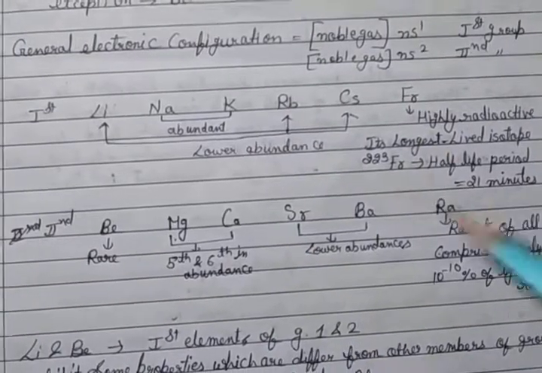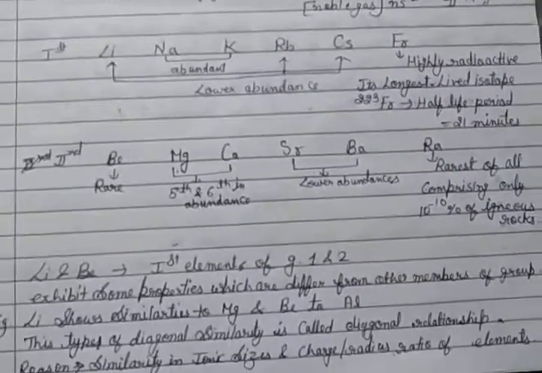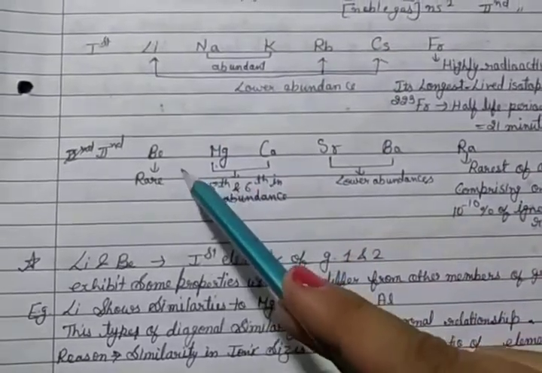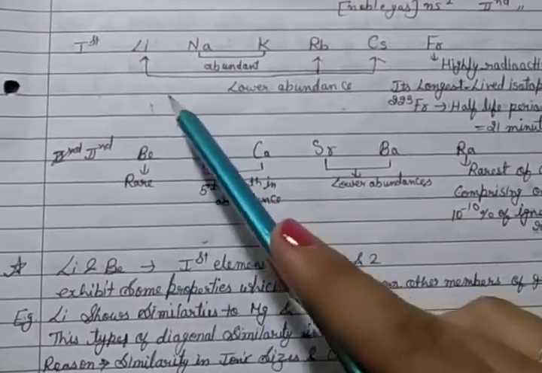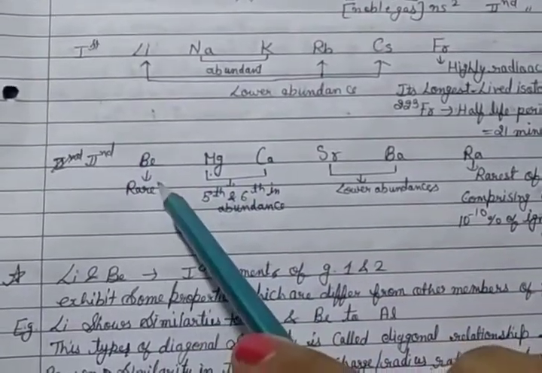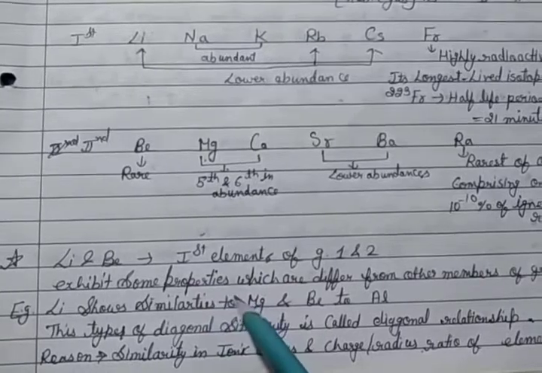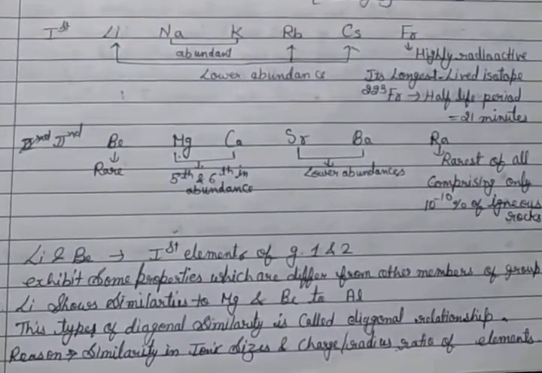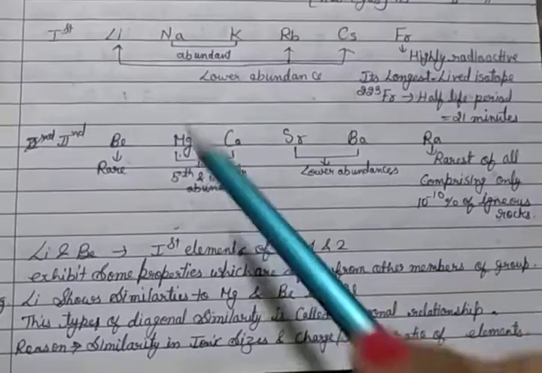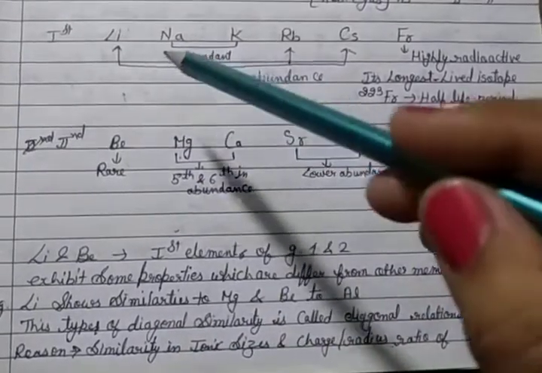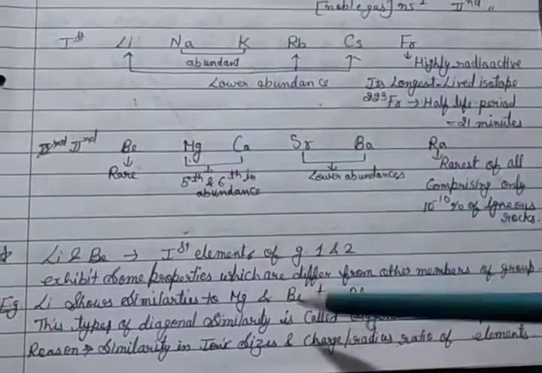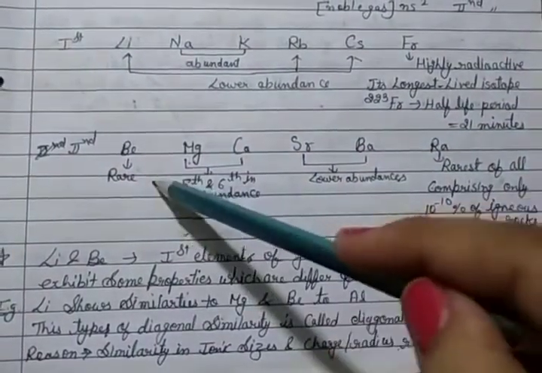Clear? Then the first element of the first group, lithium, and the first element of the second group, beryllium, exhibit some properties which differ from other members of the group. Lithium shows similarity to magnesium, and beryllium to aluminium of the third group.